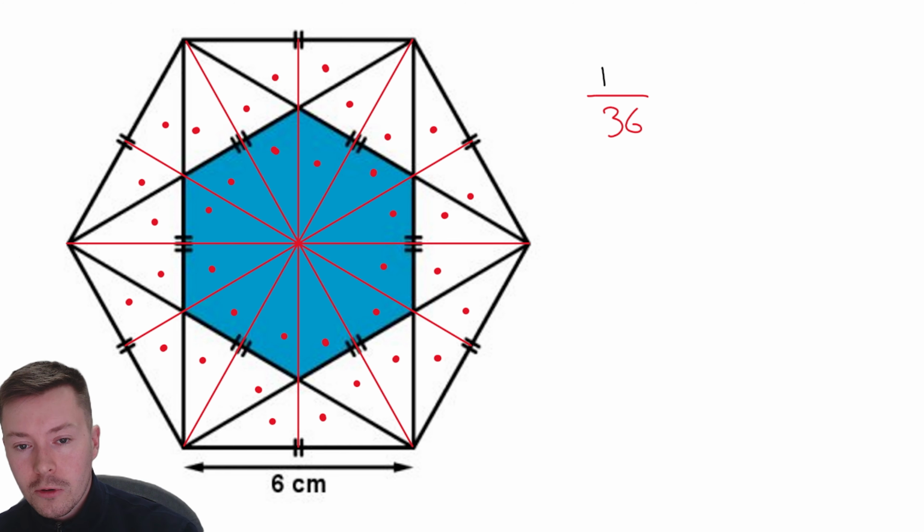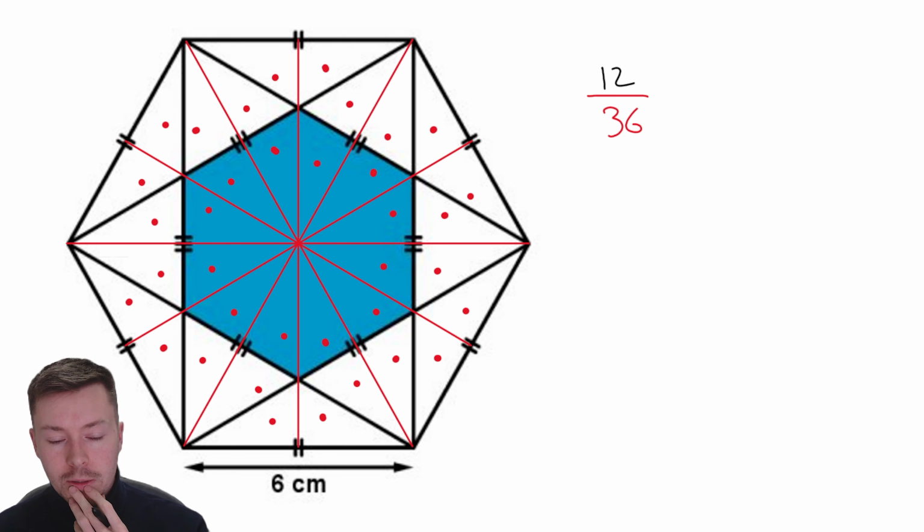So there are 12 blue ones out of 36. The next thing is we need to work out the area of some triangle here, and then we can use that to find whatever fraction of that triangle is blue, and then the total blue area.